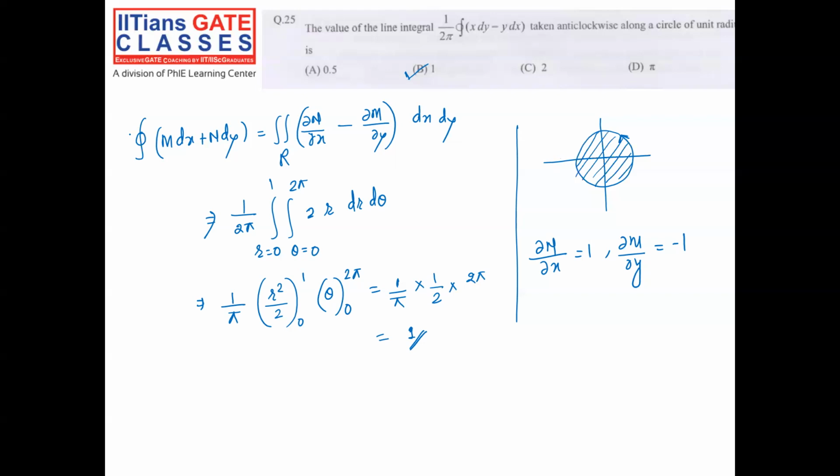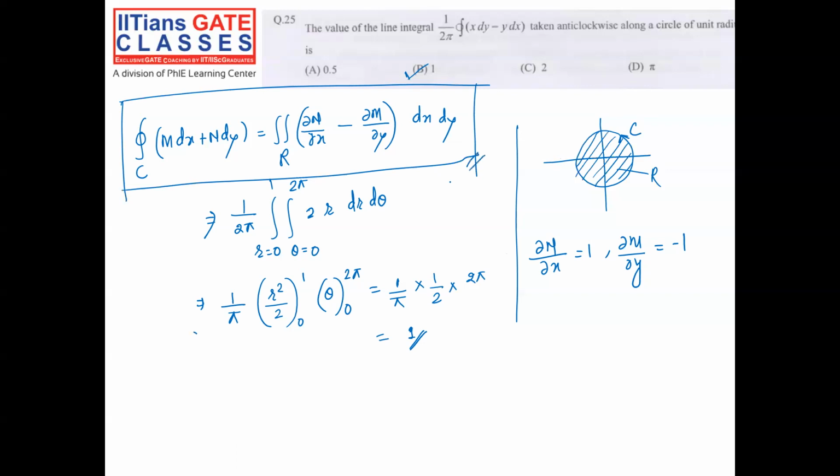Okay, so let's call it C, and R is the region which is bounded inside this curve C. This is the main trick to solve this problem, and after that we convert the Cartesian system into polar to make it easier to solve.